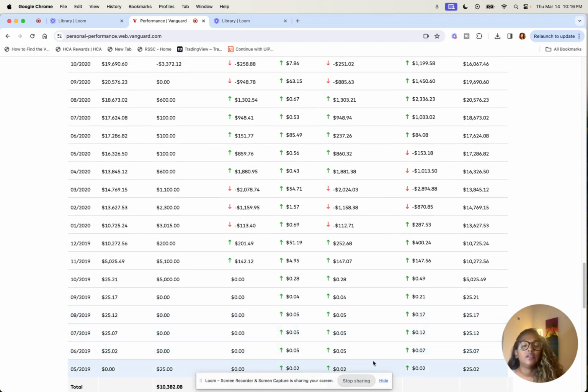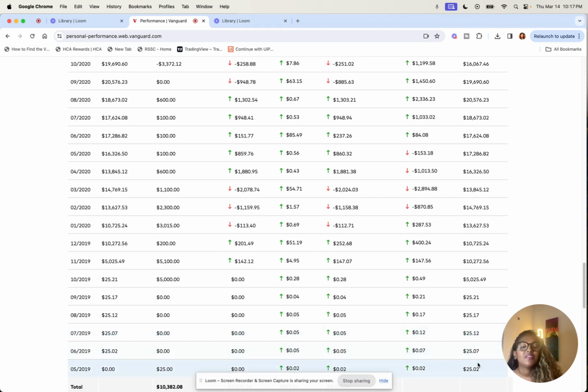Here is the total accumulation. You can see it grew by 2 cents, then it adds 2 cents, 25.02, and then it added 5 right here. So even with $25, it was growing by 5 cents. It grew to 25.12.